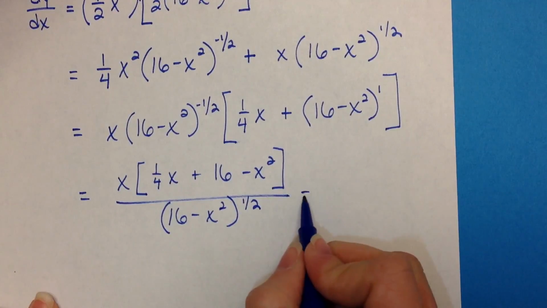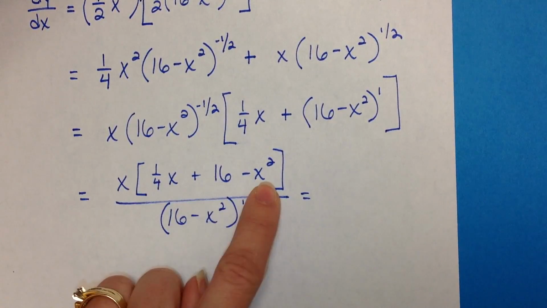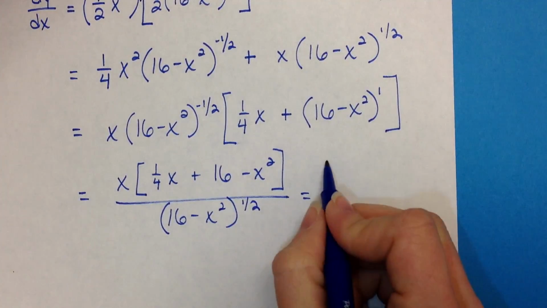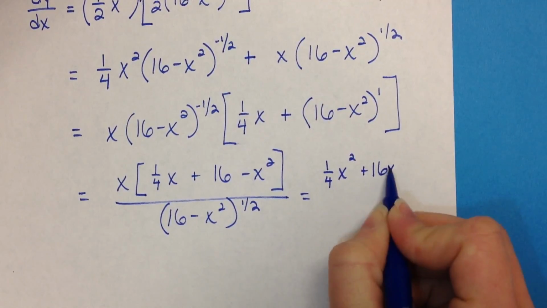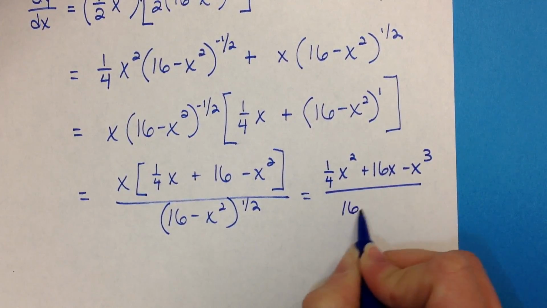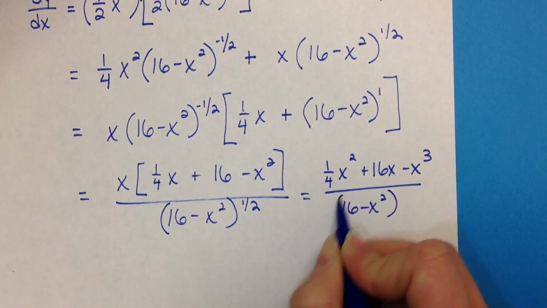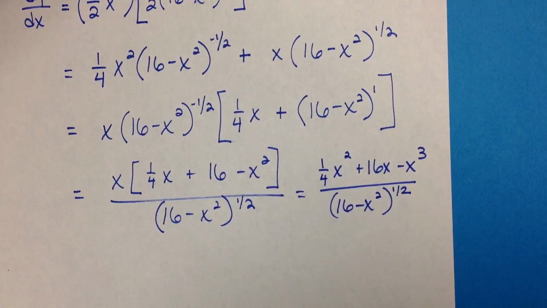Okay, let's distribute the x. Okay. And actually, I was going to say we didn't have to do that, but that would be the best thing. Go ahead and distribute the x.